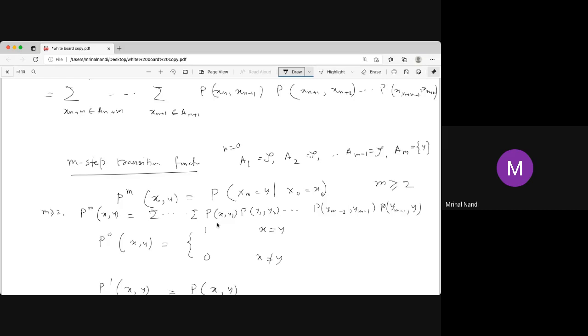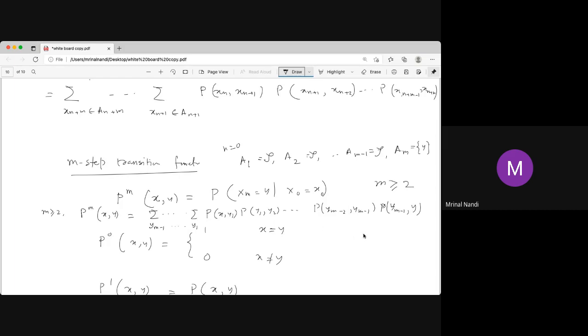But y_1, y_2 can be anything, all possible paths, so we have to sum over all of these in S. This is the m-step transition function.